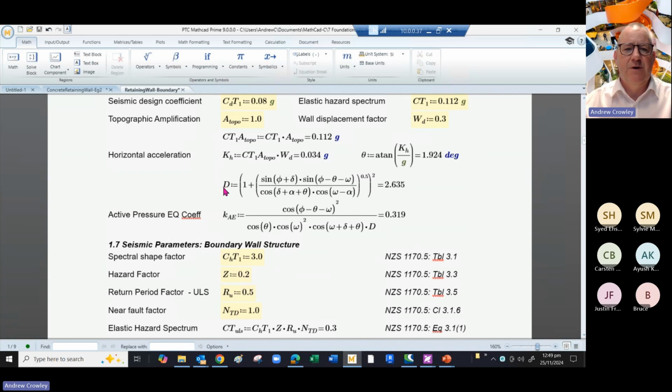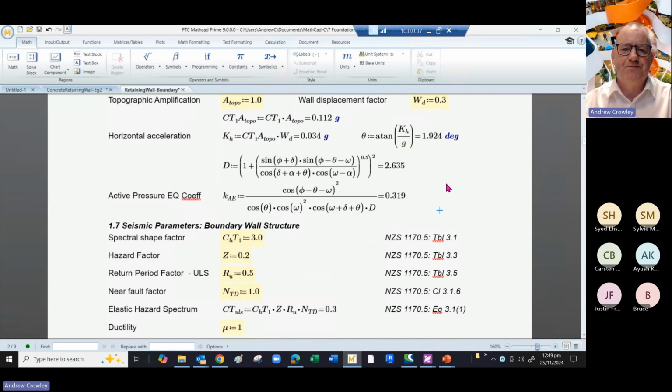So we've got this parameter D, which takes into account the parameter theta, which is looking at the horizontal acceleration due to the earthquake. And we shove that D into the denominator of the equation for active earth pressure, KAE, in the earthquake case.